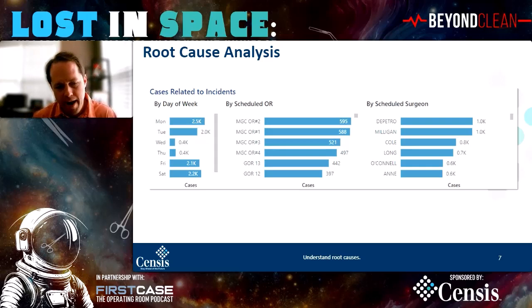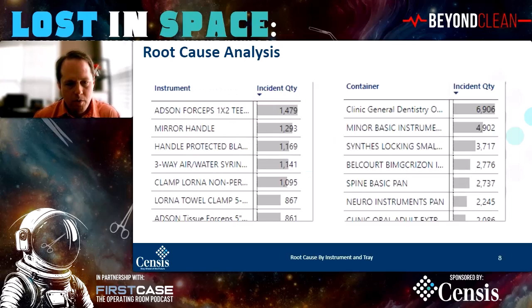So the more instruments you have involved, the more instruments will ultimately go missing. So that's another thing that's driving this and really good to measure. So yeah, that's one set of root causes. The other root causes that are really important to look at are, what's actually going missing.